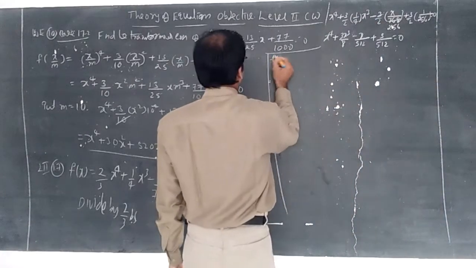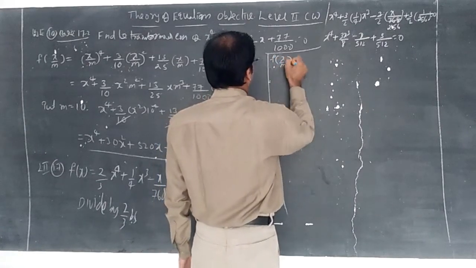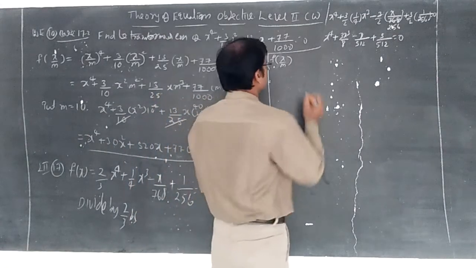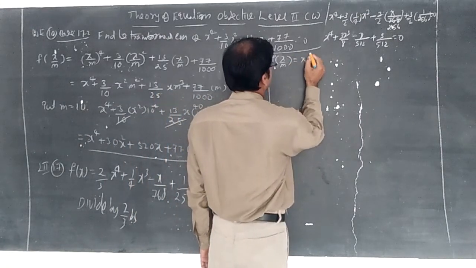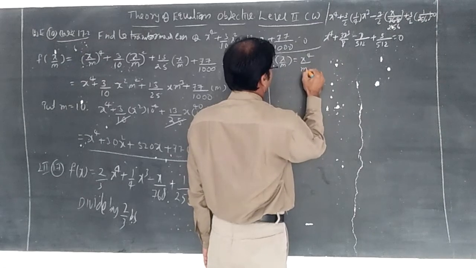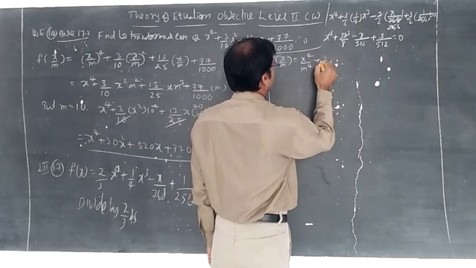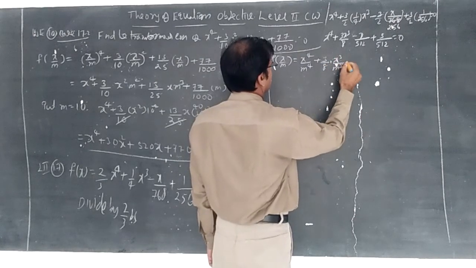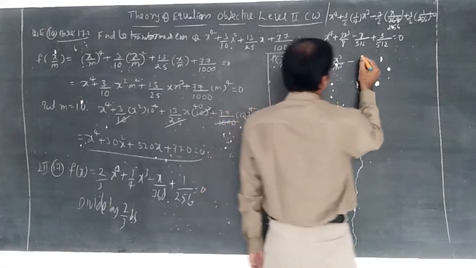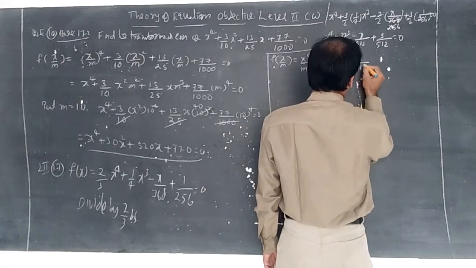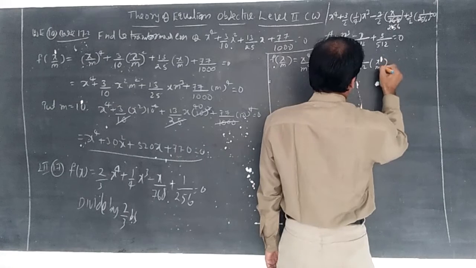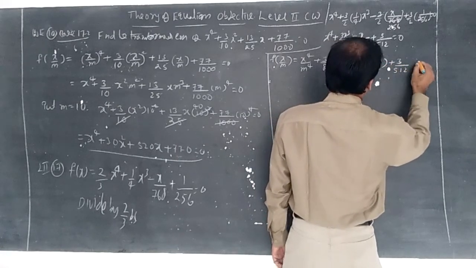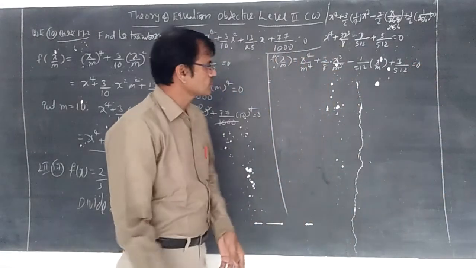So f of x by m, I am writing, to get the leading coefficient of x power 4 as unity. Substitute here, you can write this as x power 4 by m power 4 plus 3 by 8 into x cube by m cube minus 1 by 512 into x by m plus 3 by 512 equal to 0.